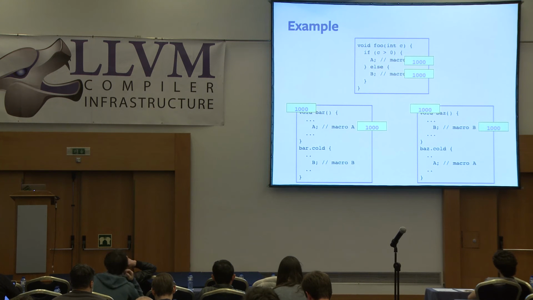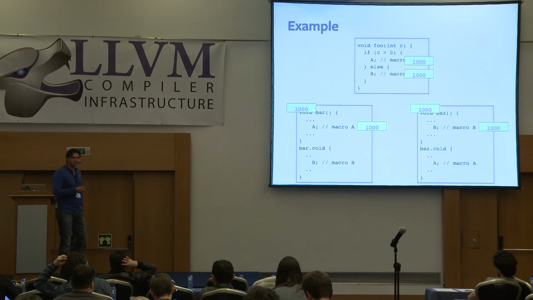There could be solutions for AutoFDO, how it can be solved, but this is much harder, much more difficult than doing the same sort of optimization at the binary level.